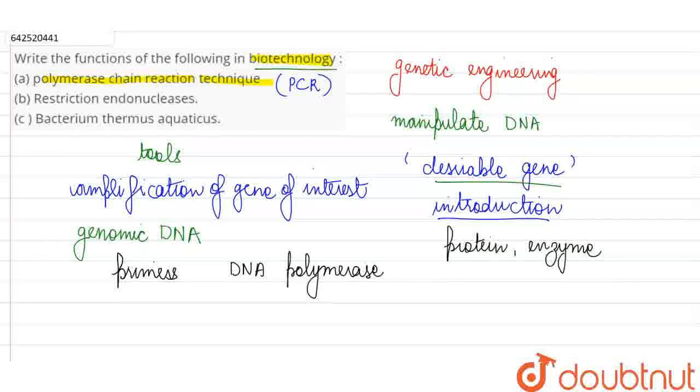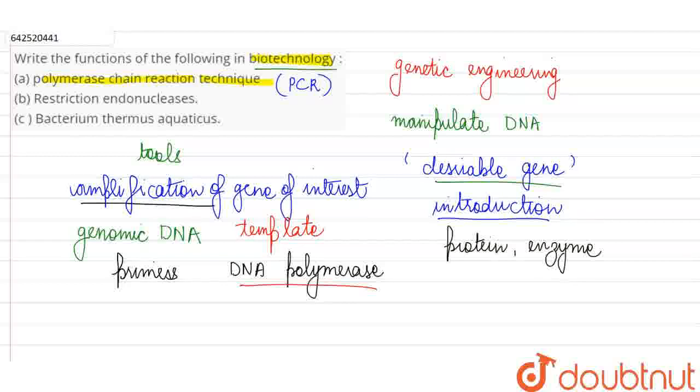So using the nucleotides that have been provided, this DNA polymerase enzyme is going to make many copies of the desirable gene, of the gene of interest, using the genomic DNA as a template. So this is our PCR technique, using which we can amplify or we can make up to 1 billion copies of our gene of interest.